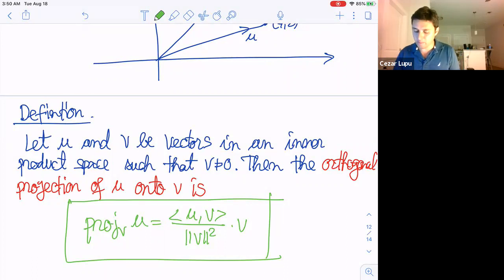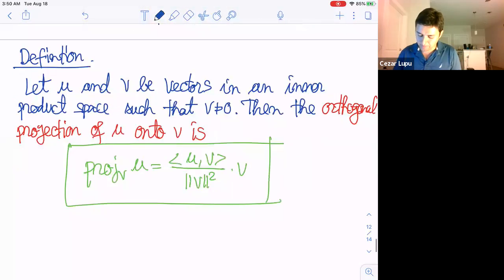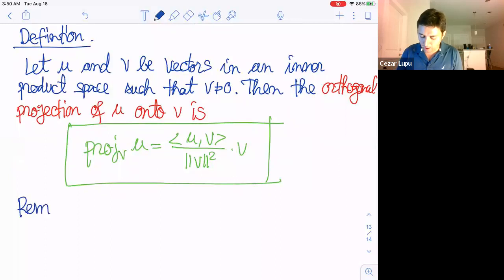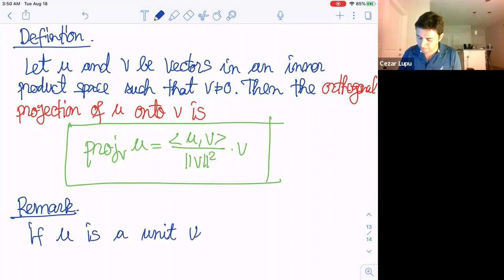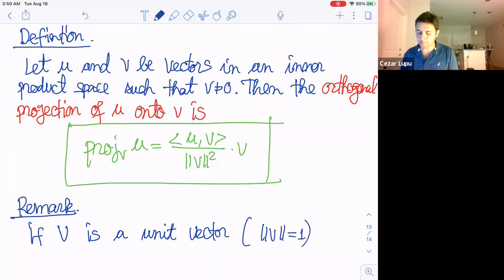Well, I want to point out a remark before. If V is a unit vector, keep in mind that the unit vector has its length equal to 1.